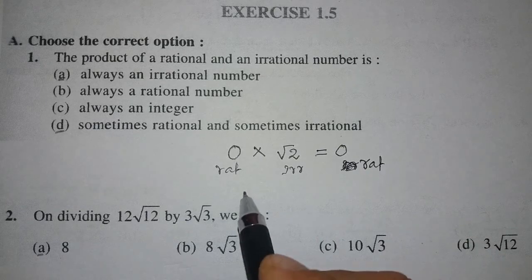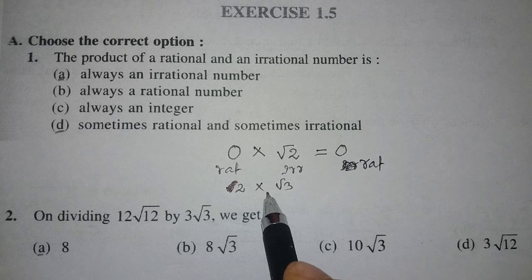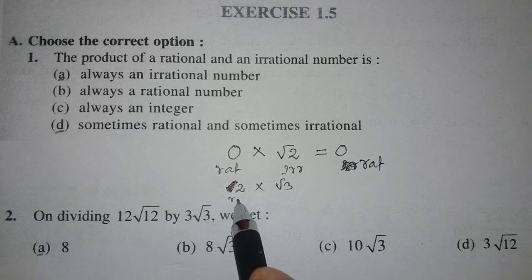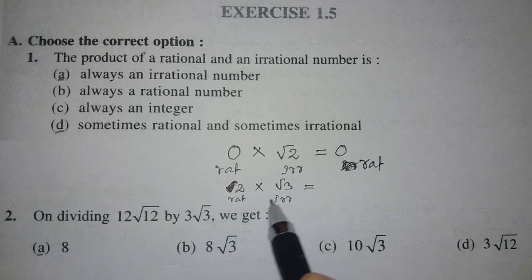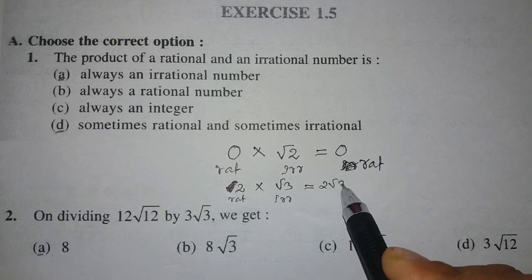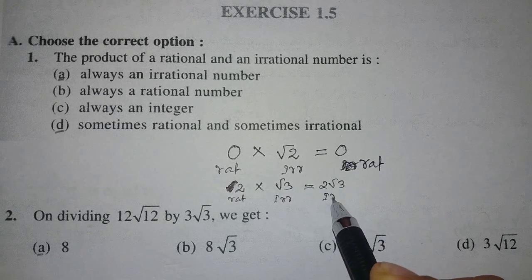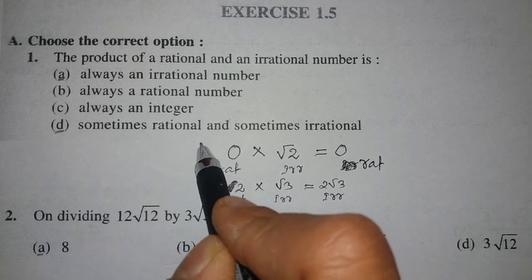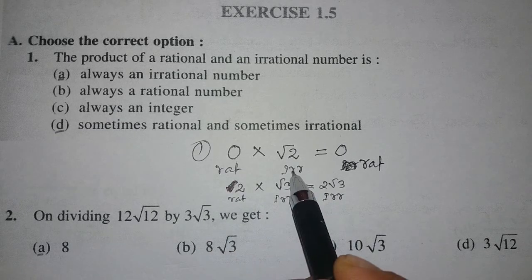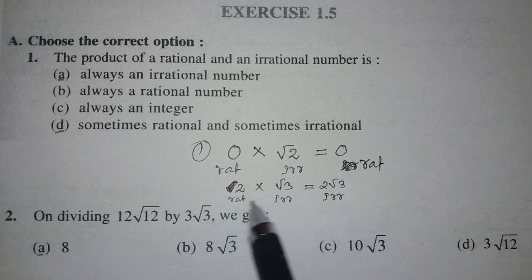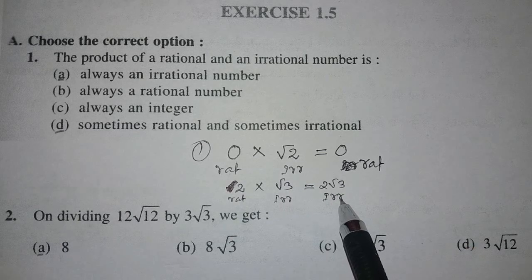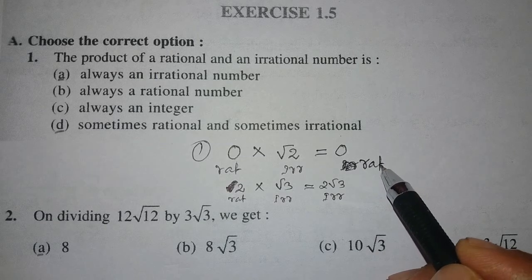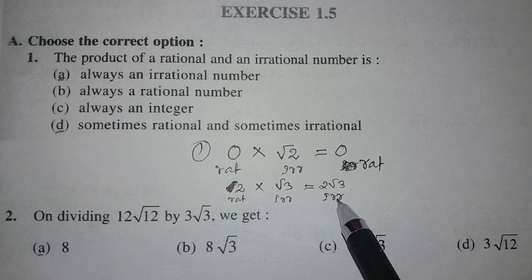Now again another example. Okay, 2 into root 3. Now this is rational, this is irrational. Now what we got here is 2 root 3. This is irrational. So in the first case, rational and irrational, we're getting rational. And in the second case, same, rational and irrational, we're getting irrational. So sometimes we're getting rational, sometimes we're getting irrational.